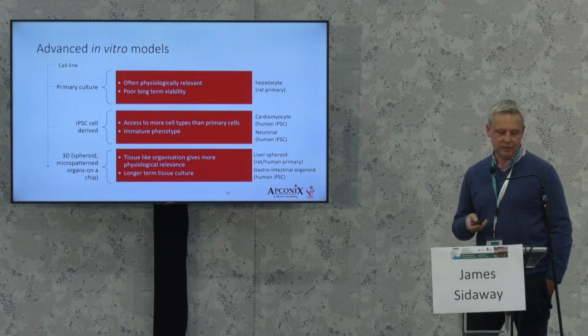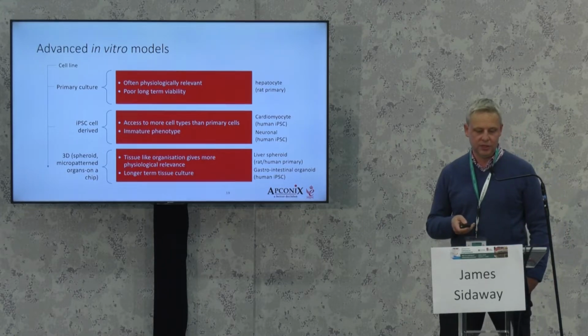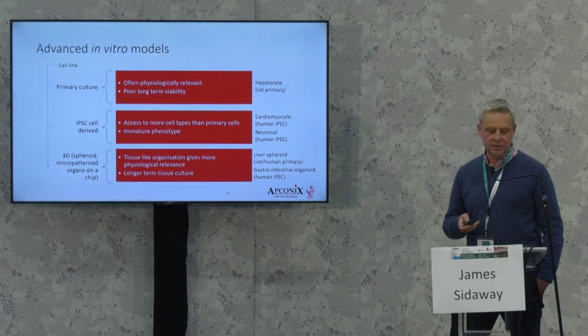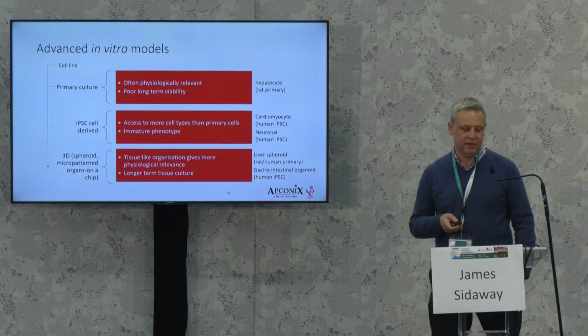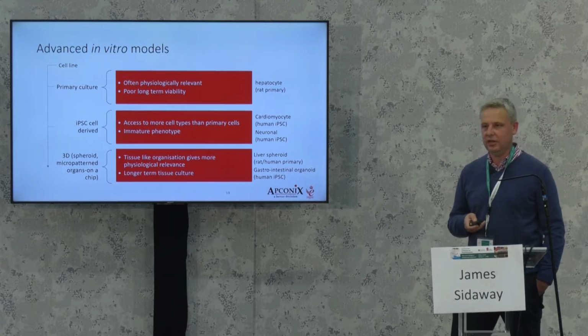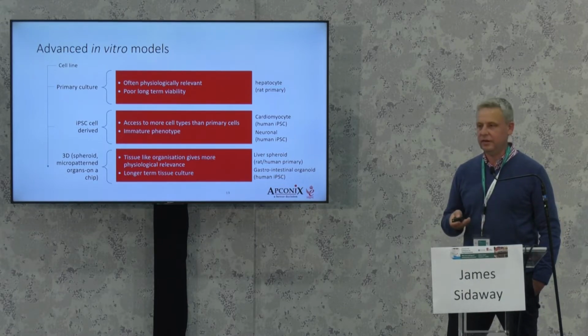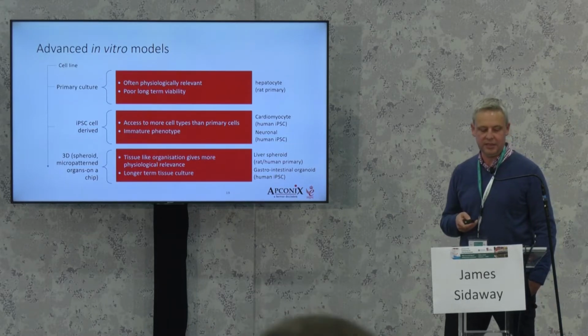So moving on away from the established models, where are we heading? I think over the past 10 years or so, there's been adoption in pharma of more advanced in vitro models. So if we think, we started off with the cell line, then we're using primary culture, which might be very physiologically relevant, but the cells would generally have poor long-term viability.